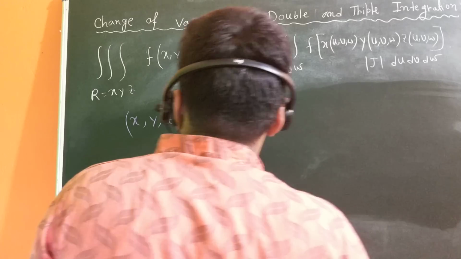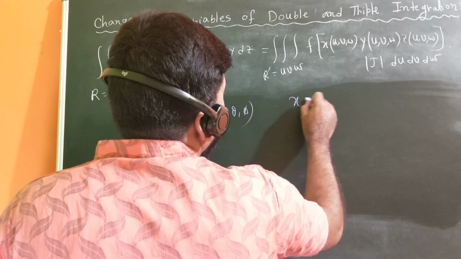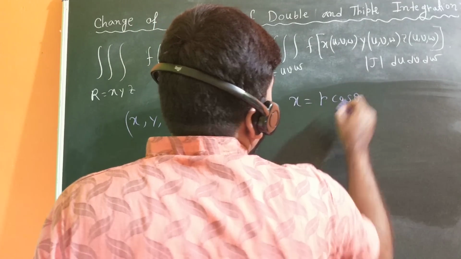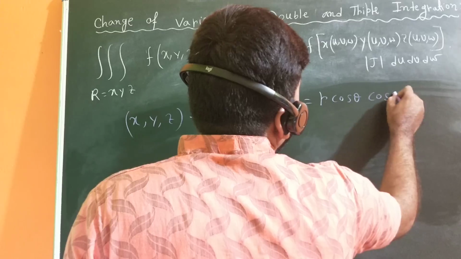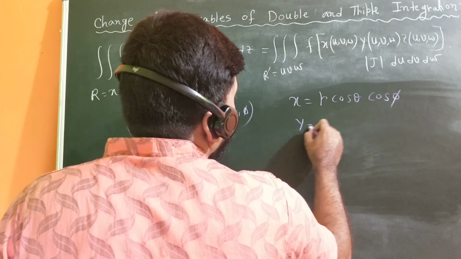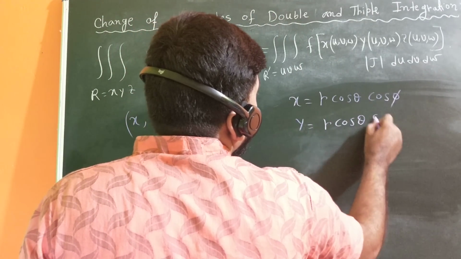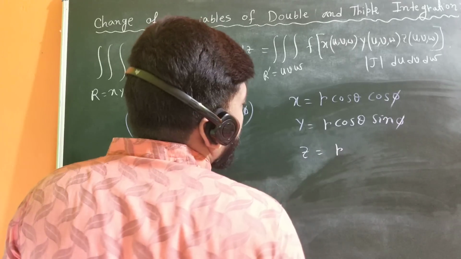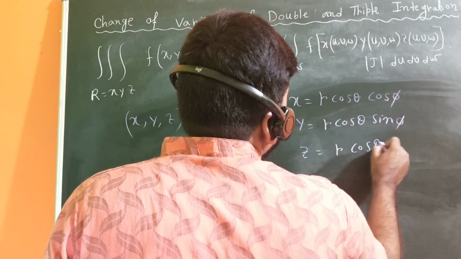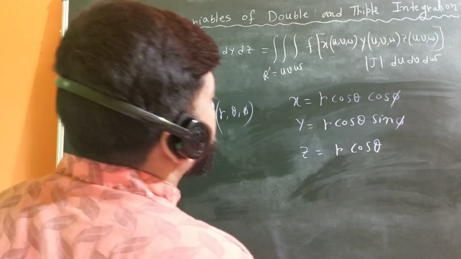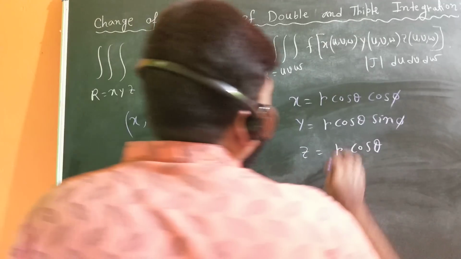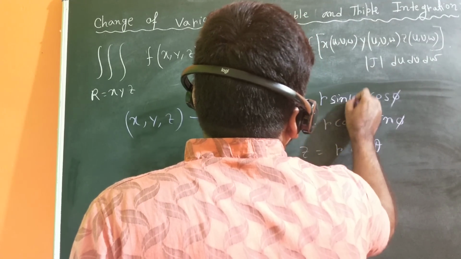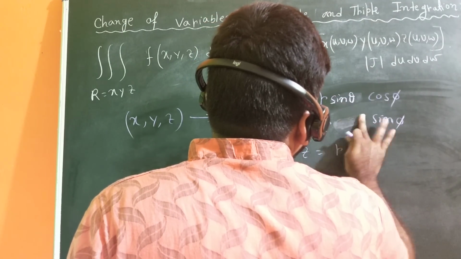So we know x will be equal to r sin theta cos phi, y will be r sin theta sin phi, and z will be simply r cos theta. Okay, so please keep in mind this thing.